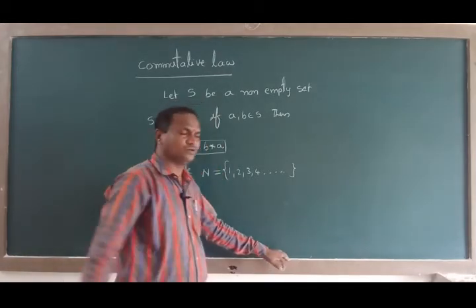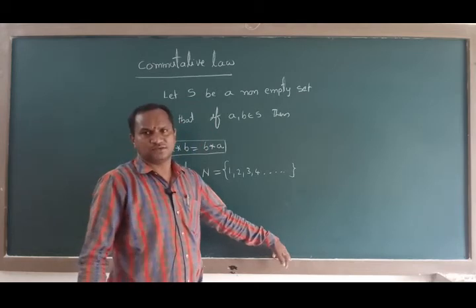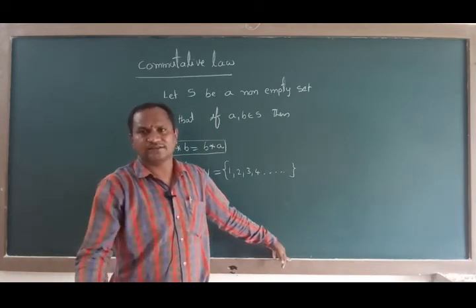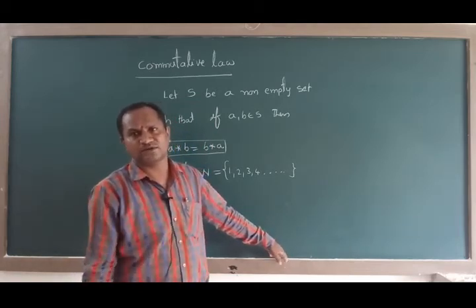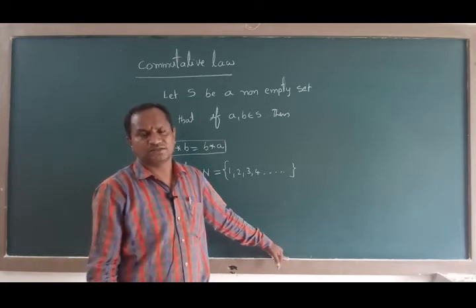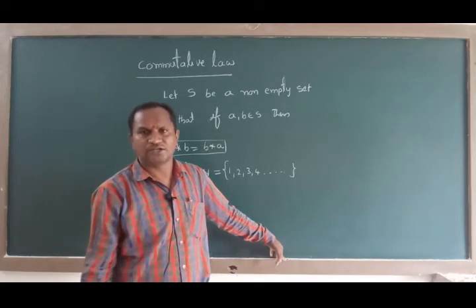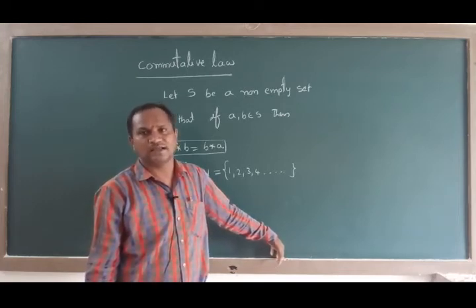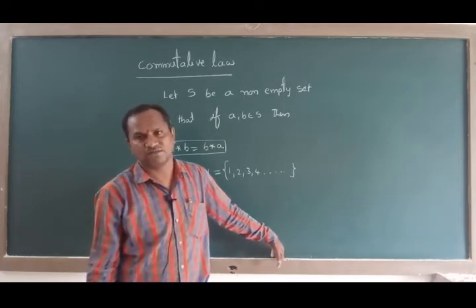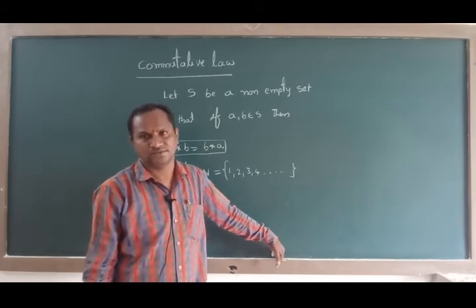How, you should know. The set of all natural numbers, integers, rational numbers, real numbers, and complex numbers all satisfy commutativity with respect to addition and multiplication, not in the case of minus and not in the case of division.